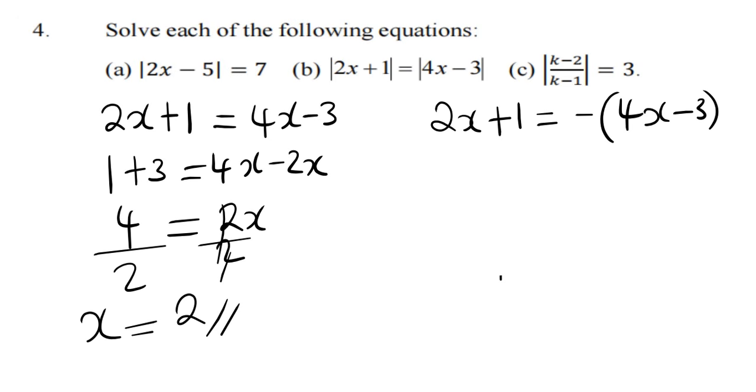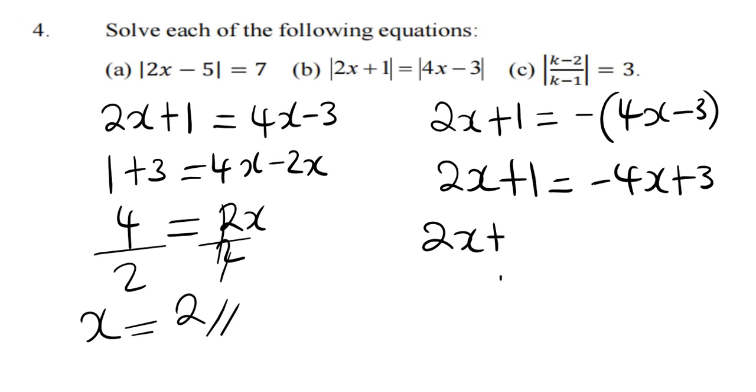Then I come to the other equation, 2x plus 1 is equal to, I'm going to distribute the negative. I'm going to have negative 4x plus 3. Then I'm going to have 2x plus 1. I just put the like terms together. So I'm going to take the negative 4x to the other side. So I'm going to have 2x plus 4x is equal to 3 plus 1.